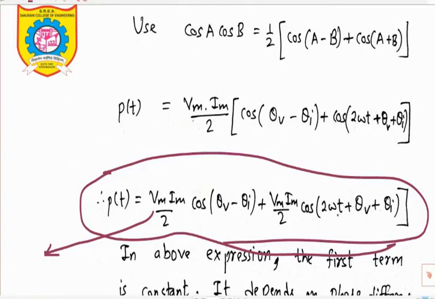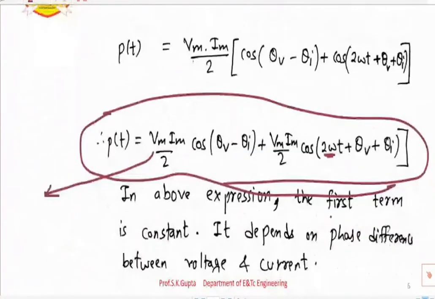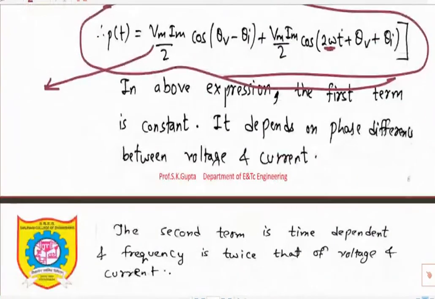Then just look at the second term. Here our voltage and current have frequency omega, but here it is 2 omega. So the frequency is twice, and it is time dependent because t is present over here.